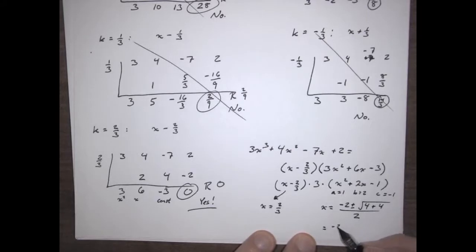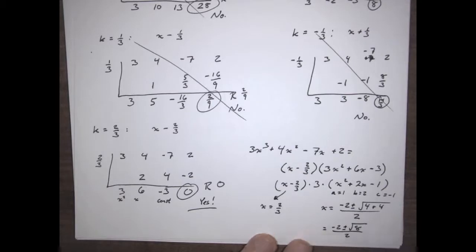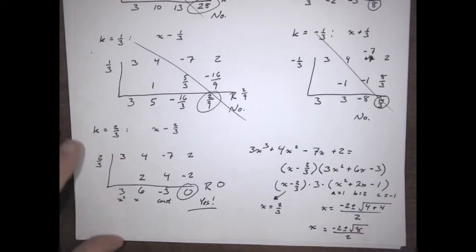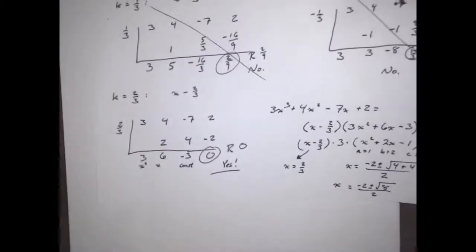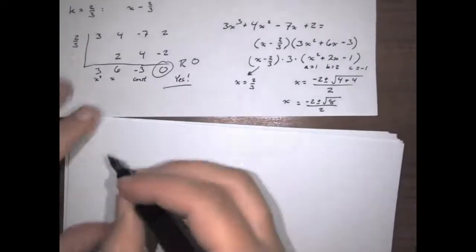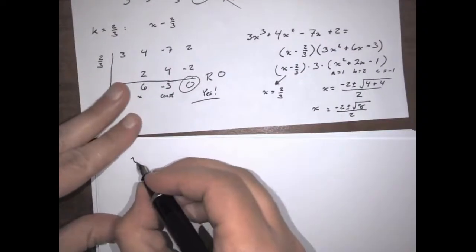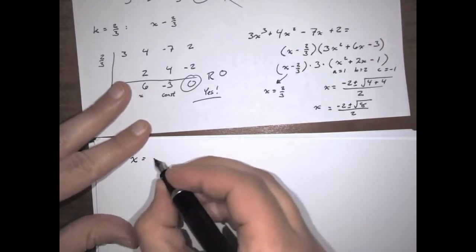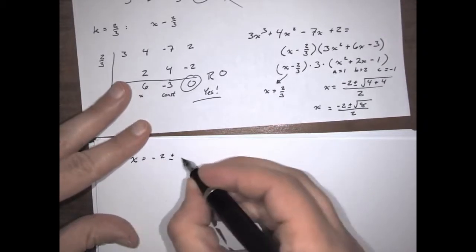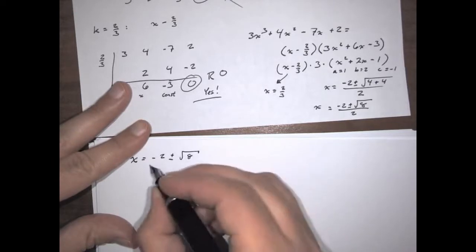Now over here, what we've got is negative 2 plus minus the square root of 8 over 2. But we can actually simplify that a little bit. So x equals negative 2 plus minus the square root of 8 over 2.